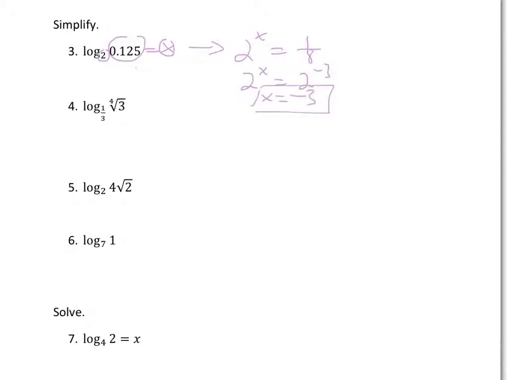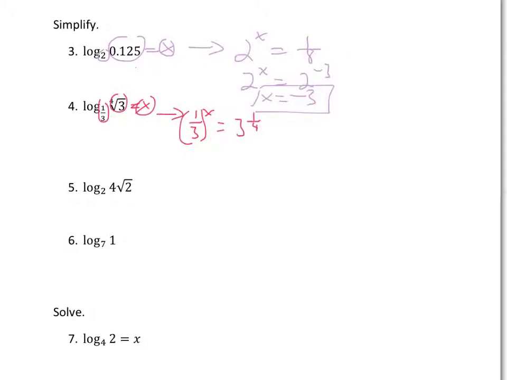Number 2. Set it equal to x. Write it as an exponential: base, exponent, answer. 1/3 to the x power equals the 4th root of 3. I'm just going to write it as 3 to the 1/4.